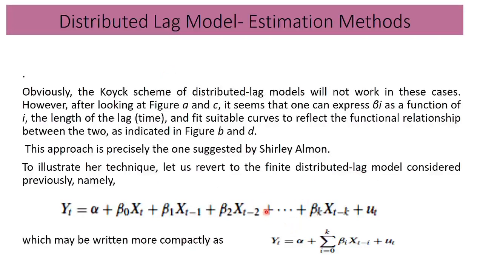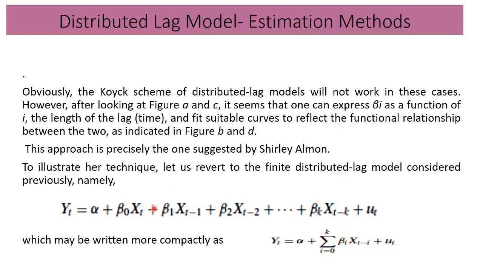That is, Almon's model is based on the finite lag model, that is yt equal to alpha plus beta 0 xt plus beta 1 xt minus 1 plus beta 2 xt minus 2 plus up to beta k xt minus k plus ut, that is, the lag length is given, which may be written more compactly as alpha plus sigma of i equal to 0 to k of beta i xt minus i plus ut.